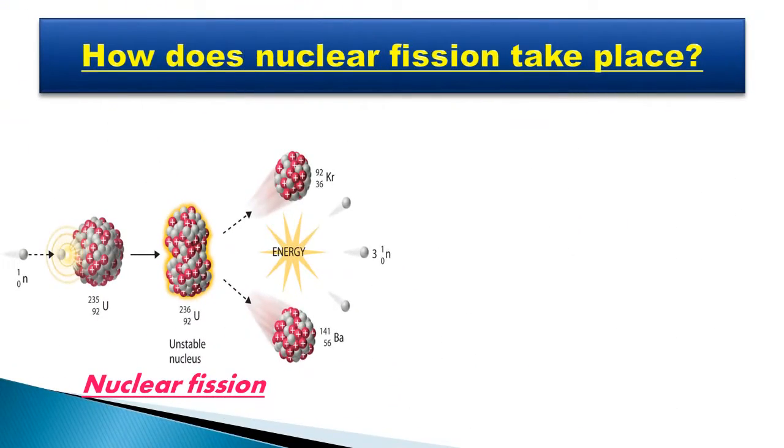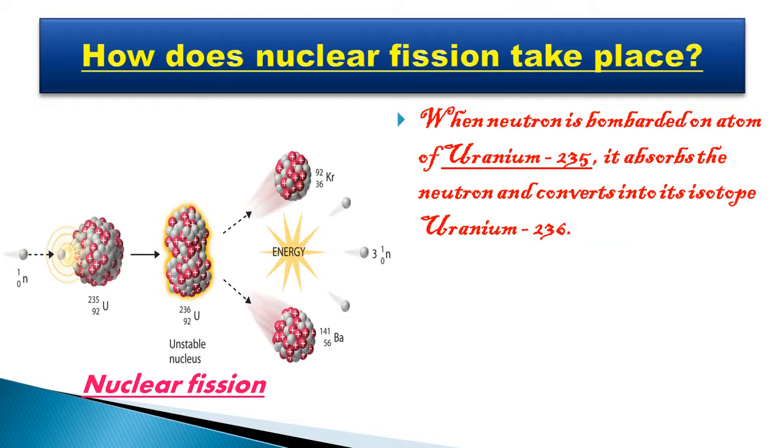Now, in our previous slide we saw nuclear fission, but what actually is nuclear fission? Let's understand this. Here you can observe one diagram. When a neutron is bombarded on an atom of uranium 235, where 235 is the atomic mass of uranium, it absorbs that neutron and converts into its isotope, uranium 236.